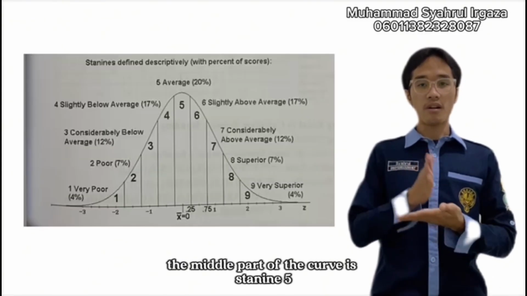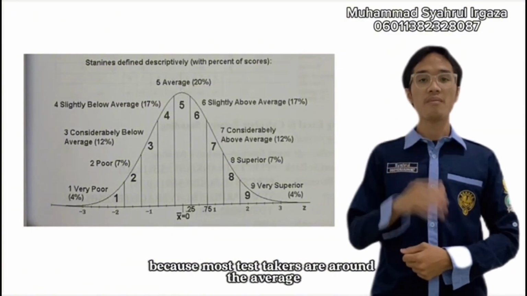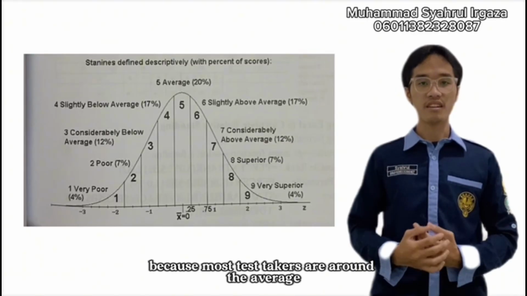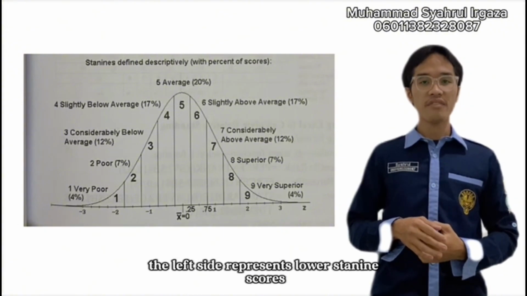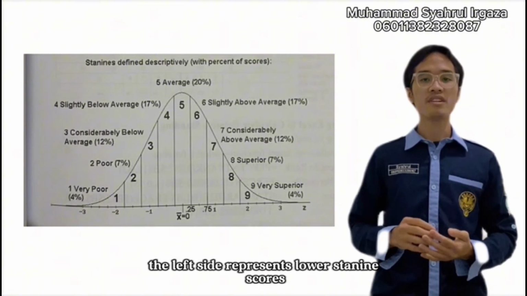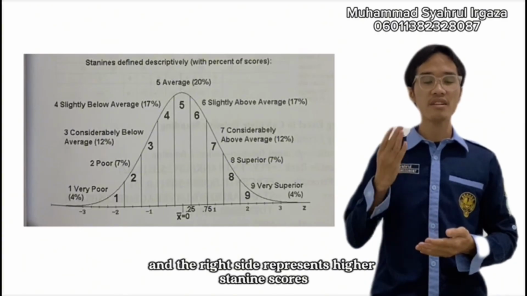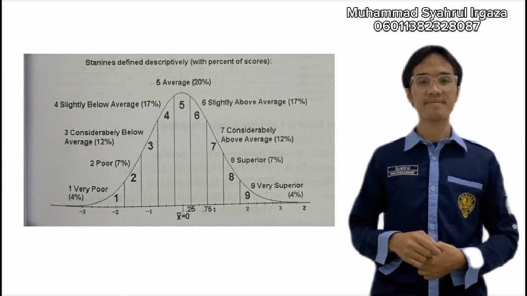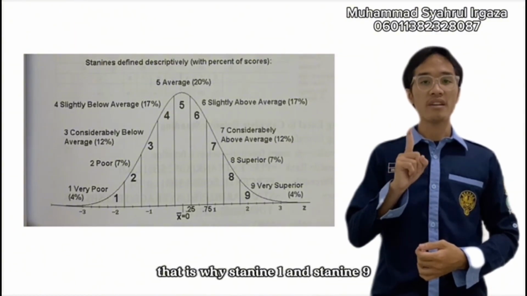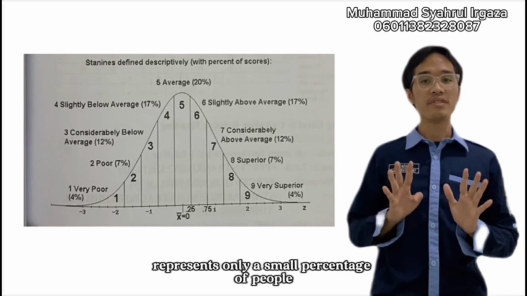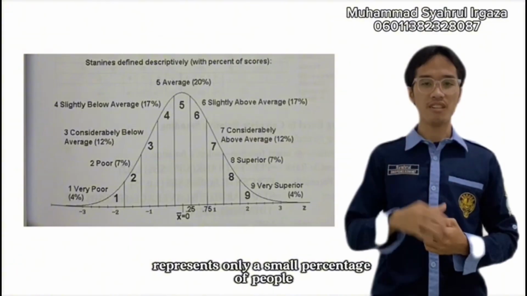The middle part of the curve is stanine 5 because most test takers are around the average. The left side represents lower stanine scores and the right side represents higher stanine scores. That is why stanine 1 and stanine 9 represent only a small percentage of people.